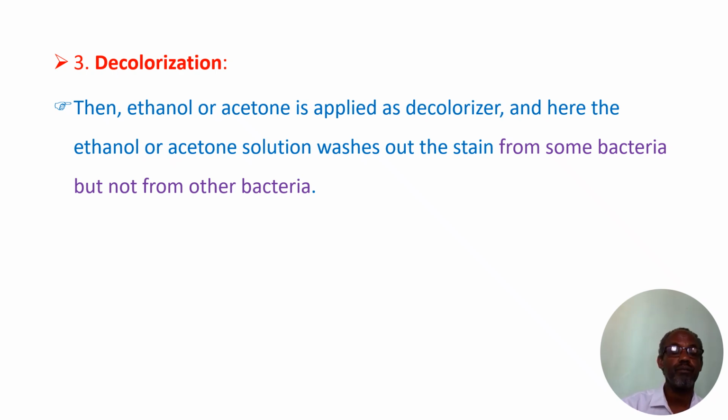We shall come to which bacteria this decolorizer can wash out and make colorless, and from which it can't wash out totally. Of course, this decolorizer, ethanol or acetone or a mixture of the two, will easily wash the crystal violet iodine complex from the peptidoglycan layer of gram-negative bacteria.